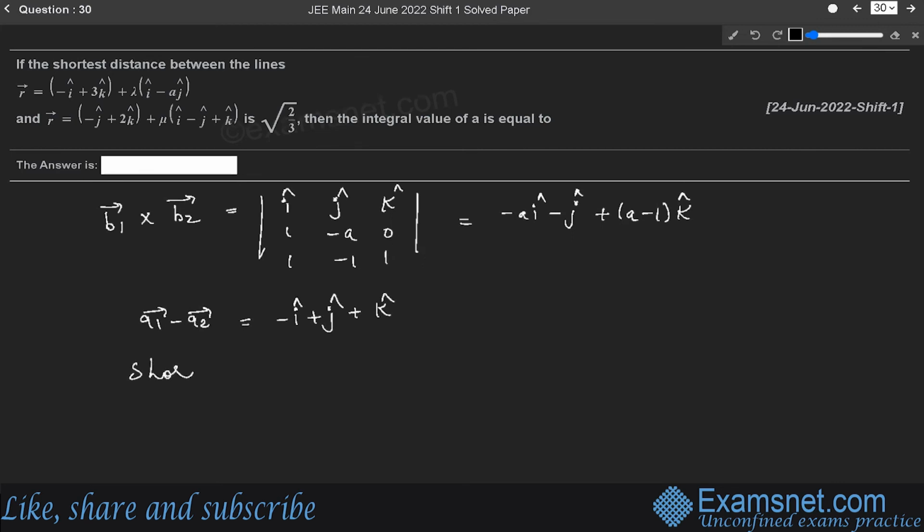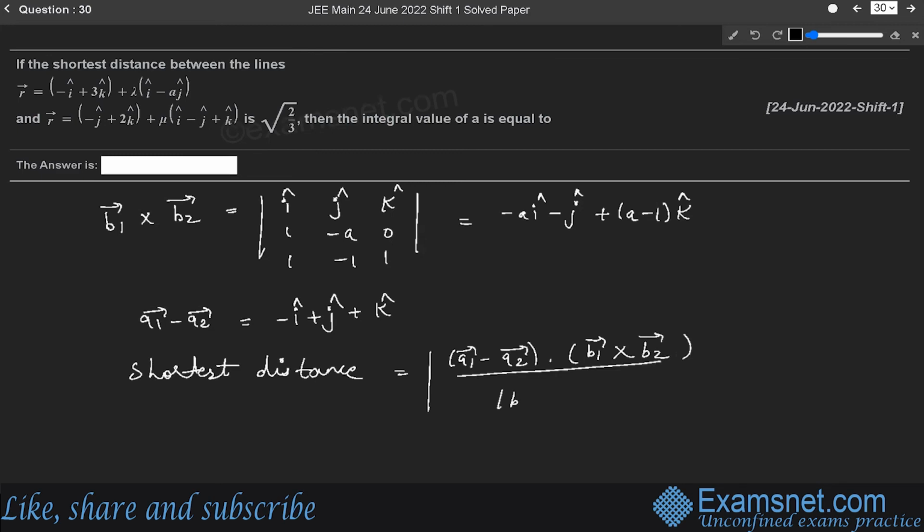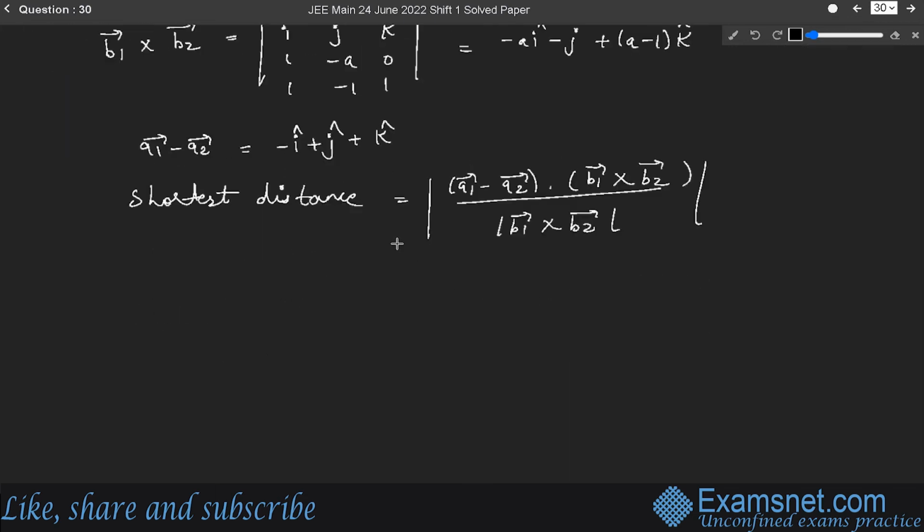Now, shortest distance will be equal to mod of (a1 vector minus a2 vector) dot product (b1 vector cross product b2 vector) whole divided by mod of b1 vector cross product b2 vector. So this will be equal to under root of 2 by 3 is equal to 2 into (a minus 1) divided by under root of a square plus 1 plus (a minus 1) whole square.